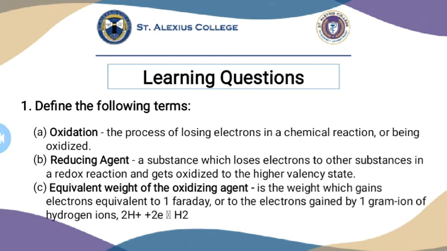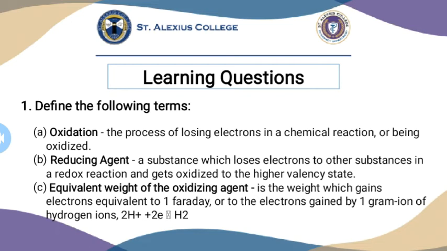Learning questions. Number 1. Define the following terms. First is oxidation. Oxidation is the process of losing electrons in a chemical reaction, or being oxidized. Letter B. Reducing agent. A reducing agent is a substance which loses electrons to other substances in a redox reaction and gets oxidized to a higher valency state.